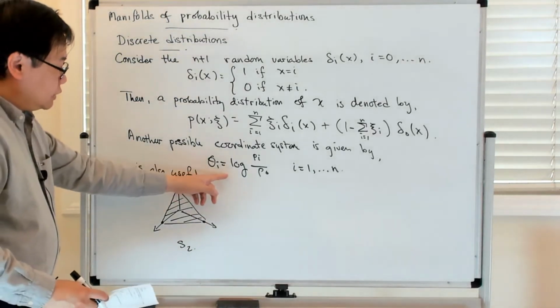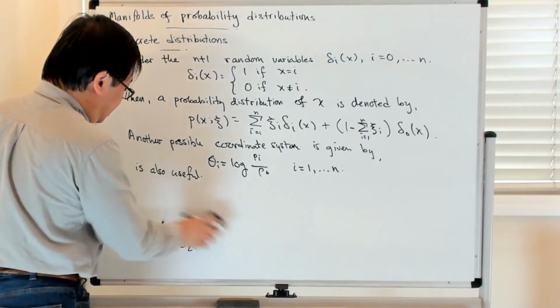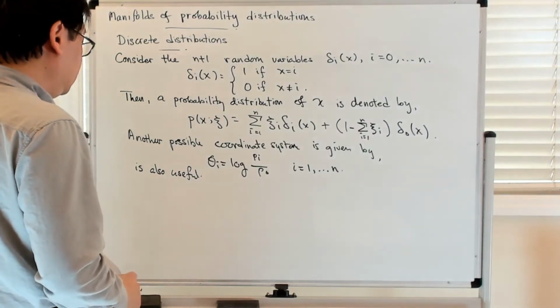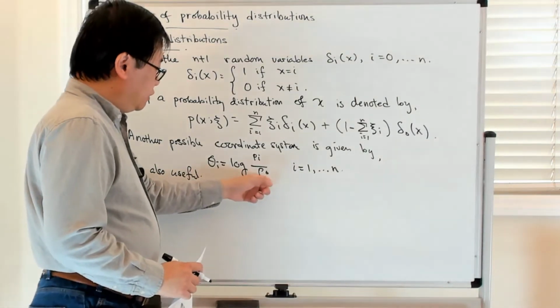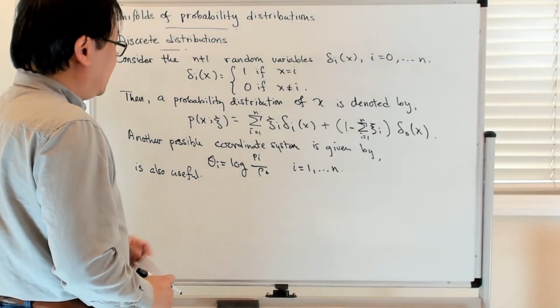So one thing to notice about this particular coordinate chart is that clearly it has the potential to break down if p_0 is 0, right? And that's what sometimes happens.